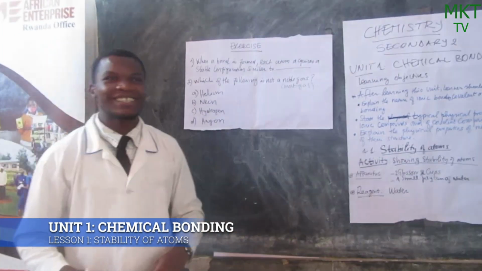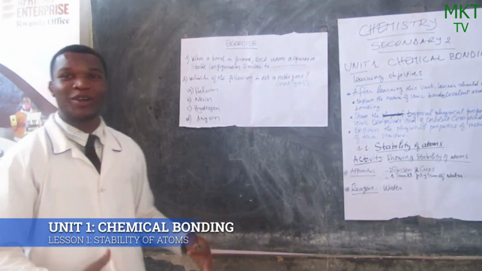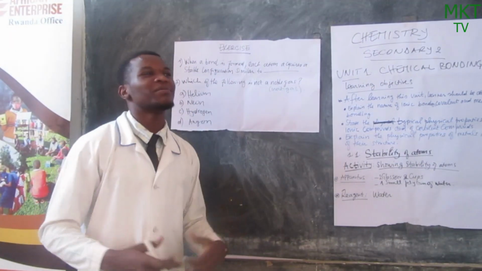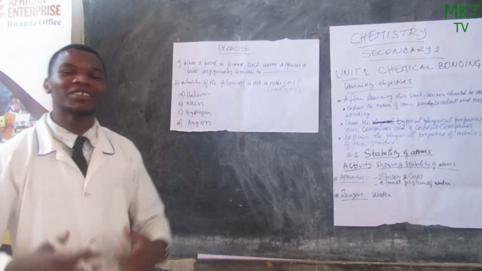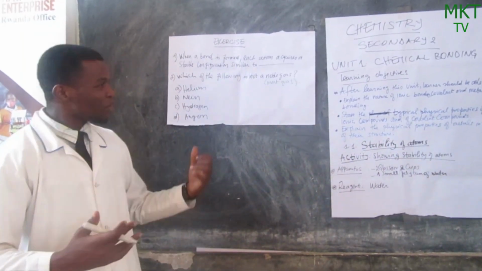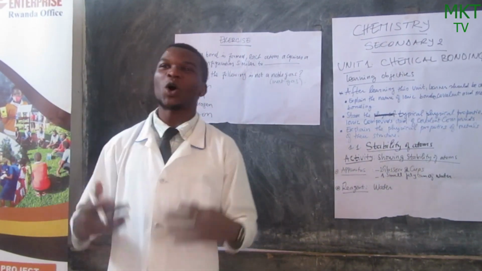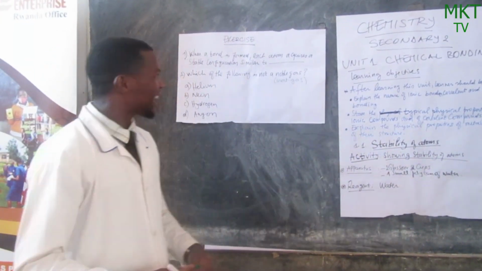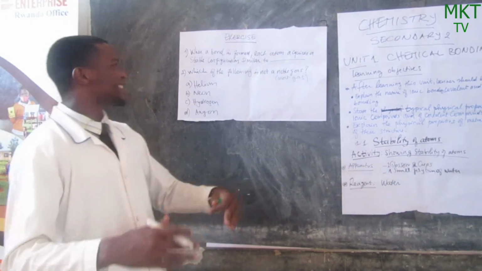Dear students, let us have a common understanding about these exercises. Who can help us with the first question? If you are with your colleagues, you can tell them the correct answer. Now, let us answer.